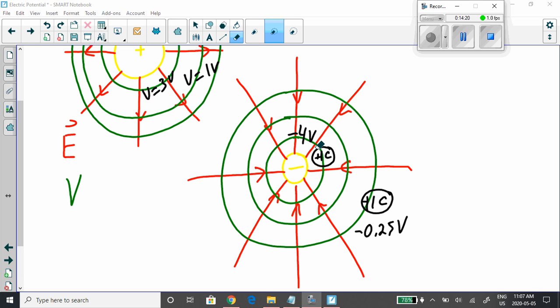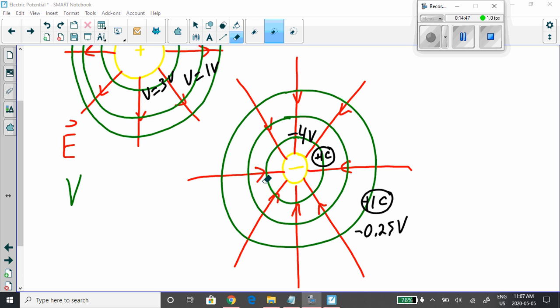If I start somewhere on here, and now remember it's a positive test charge, so I'm moving it away, I'm working against the attraction, I'm pulling it away, and then I finally get to infinity, wherever that may be. When I get to infinity, I would have done 4 joules worth of work. So this is my negative 4 volt line.